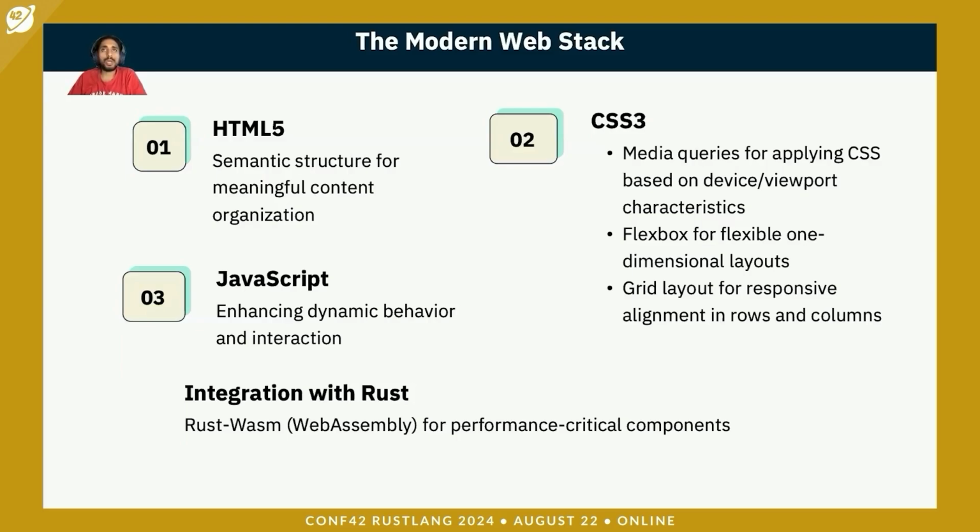This isn't just about layout, it's about ensuring that the content is accessible and understandable by both users and search engines. Semantic elements like header, nav, main, and footer provide a clear structure to your web pages, which is vital for both usability and search engine optimization.